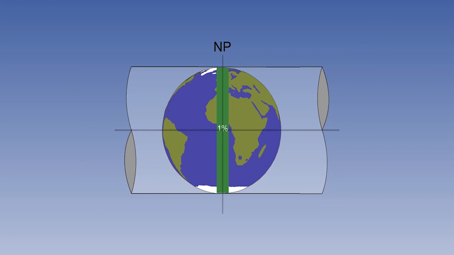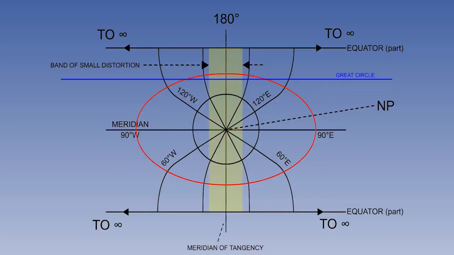However, the transverse Mercator projection can also be used for flying routes with a large north-south extent and less east-west extent. And it is actually a better projection for polar flying than a polar stereographic chart, provided that the route is along or very close to the datum meridian.